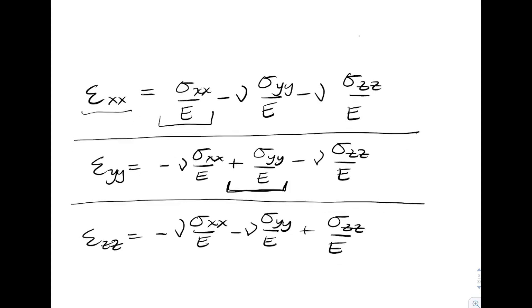So there's our three strains, which are each contributed by three different stresses. Problems that we'd run into this week extend into biaxial, and those would be problems where two normal stresses have values. And we'll also run into strain gauge problems.